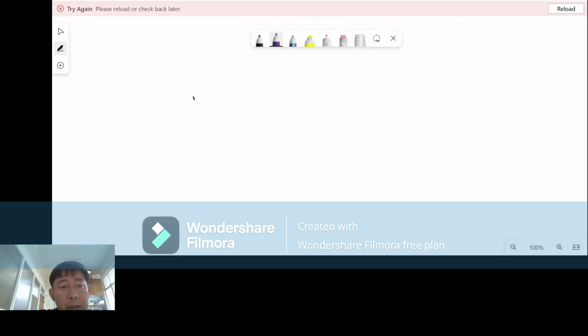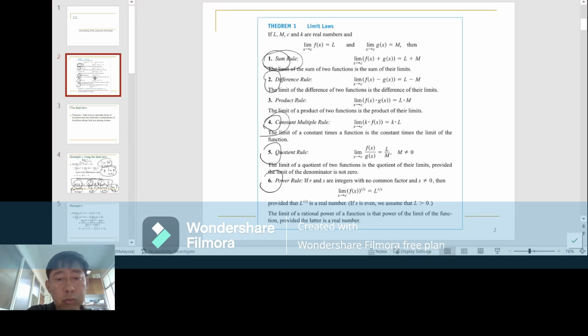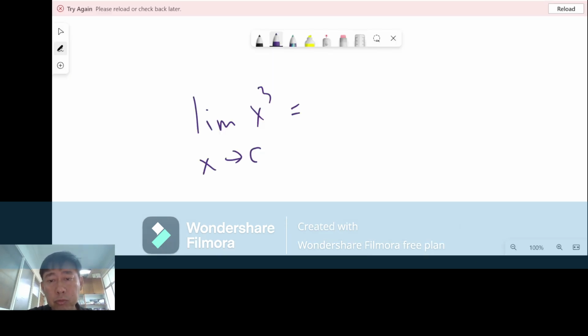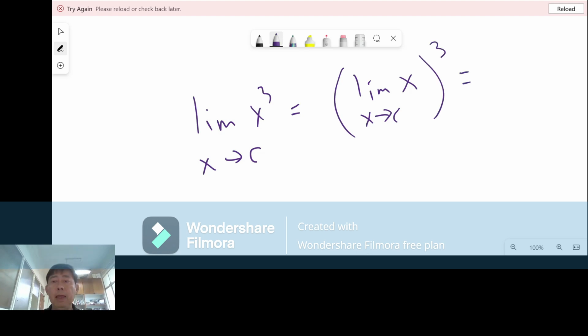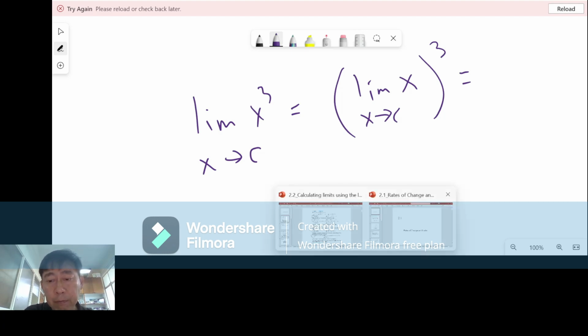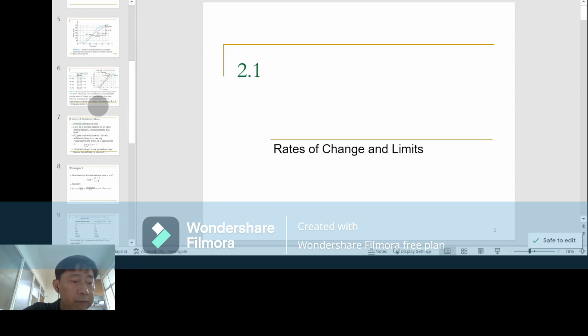So if I have a function of x power 3, the limit of the function x power 3 when x tends towards c, according to rule number 6, is equal to the limit of x when x tends towards c, raised to the power of 3. And we have seen in the previous example of 2.1, right? So I think we have discussed this.